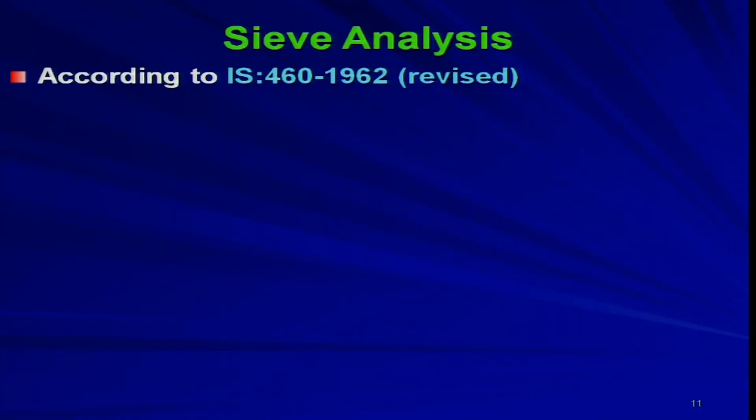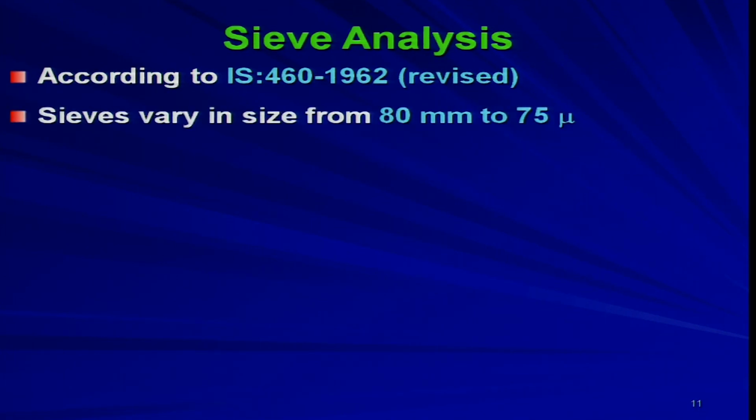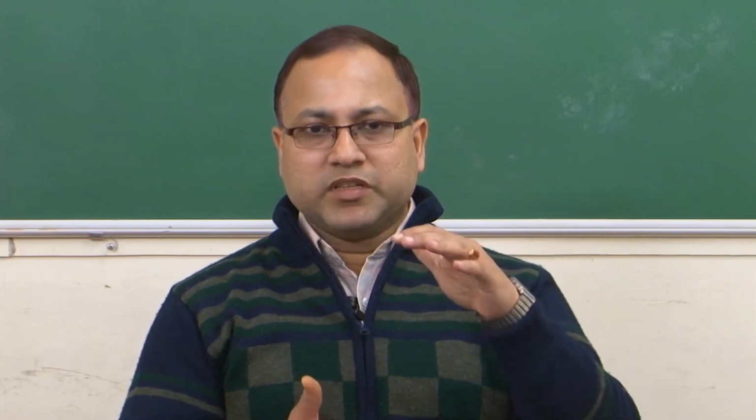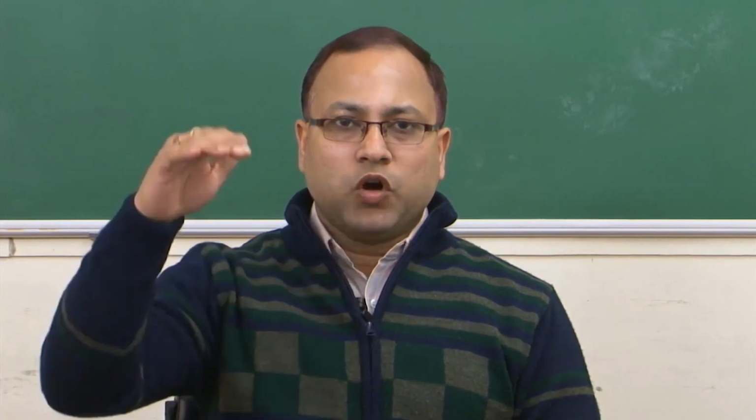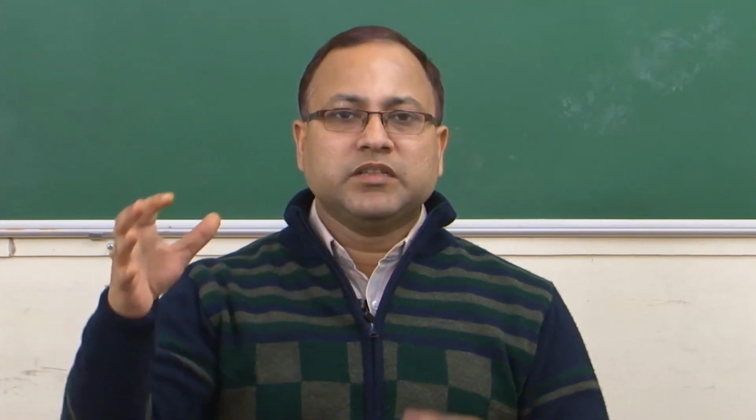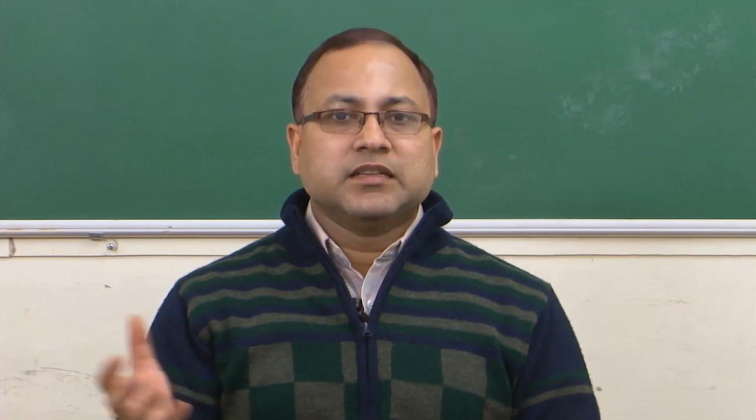Now, coming to the sieve analysis. It will be discussed as per IS 460 1962 revised. The sieves vary in size from 80 millimeter to 75 micron. We will have a number of sieves stacked together, and we put the soil sample on the top sieve and shake the whole stack in the sieve shaker.